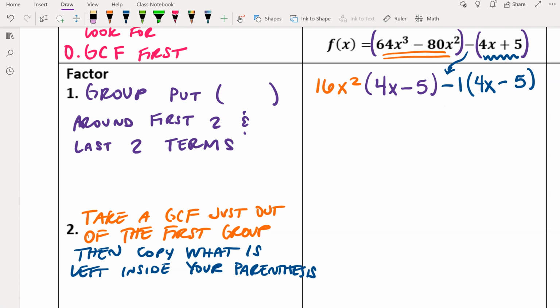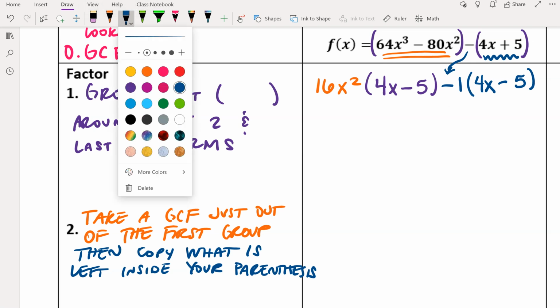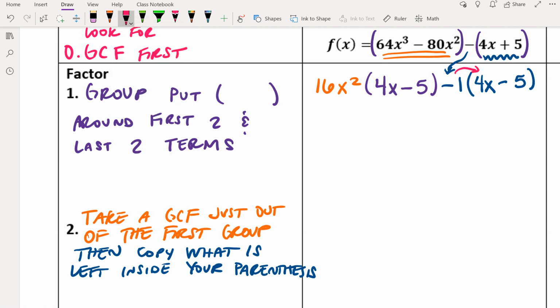And the reason why is you need to always check yourself when you take out a GCF. So let's do a quick check. Remember how to check. If you multiply this in, you should end up with the same thing you started with. So let's try that. You get negative 4x, and negative times a negative gives me positive 5. That's what we started with, right?